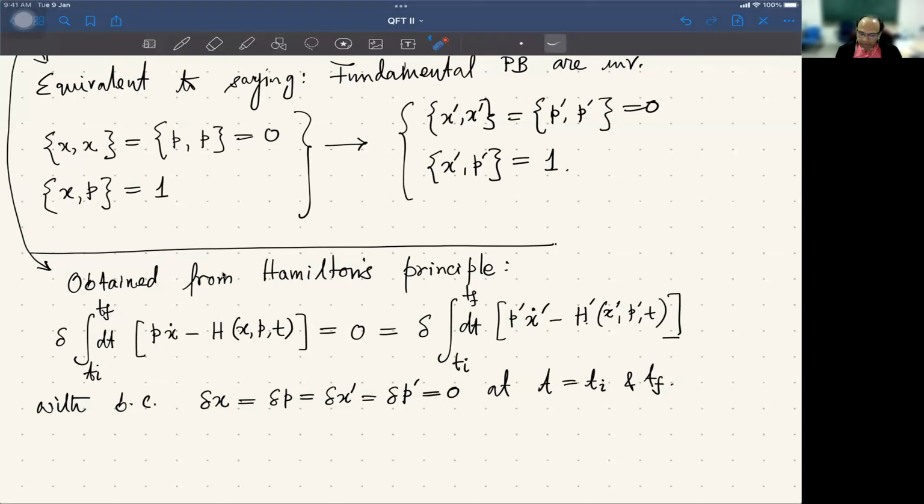If that is a total time derivative of a function of any pair of two variables, say x, p, x, x prime, x, p prime, p, p prime, then the result of this integral will be a boundary term, the function evaluated at tf minus ti, and the variations will be 0 because the variation of the function at the boundary must be 0 if it's a function of these variables, right?